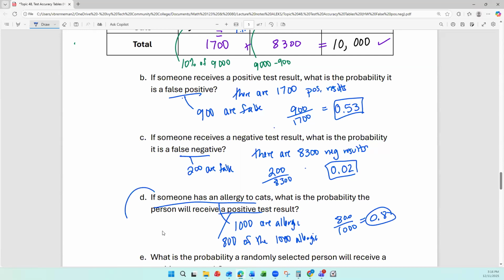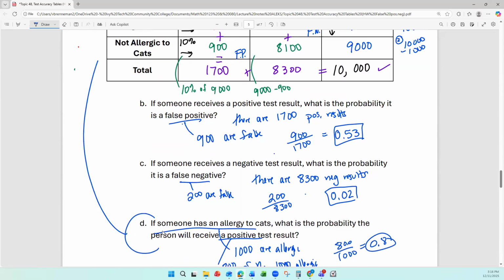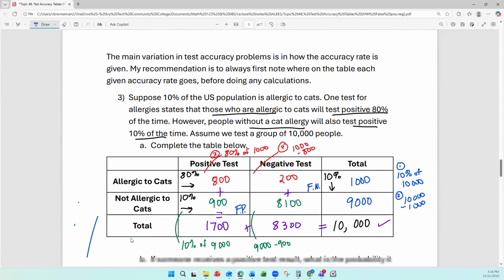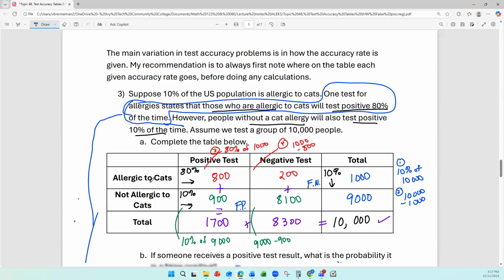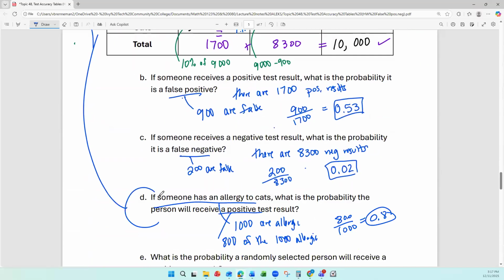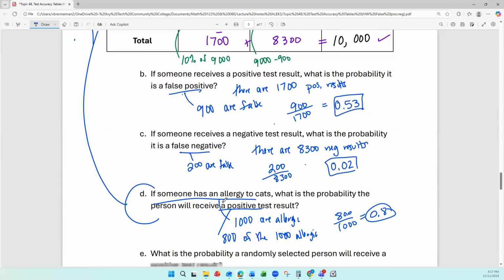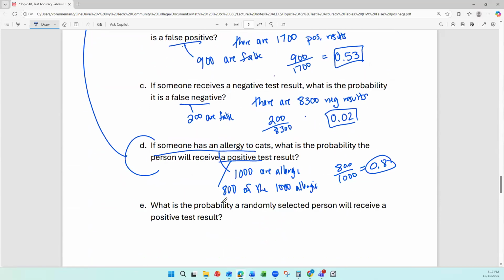If you look carefully at this question, this is asking the exact same thing as what it said up here, that those who are allergic will test positive 80% of the time. That means the probability that someone who's allergic will test positive is 0.8. So that's really asking that, but you don't need to recognize that if you just follow the correct conditional probability process.